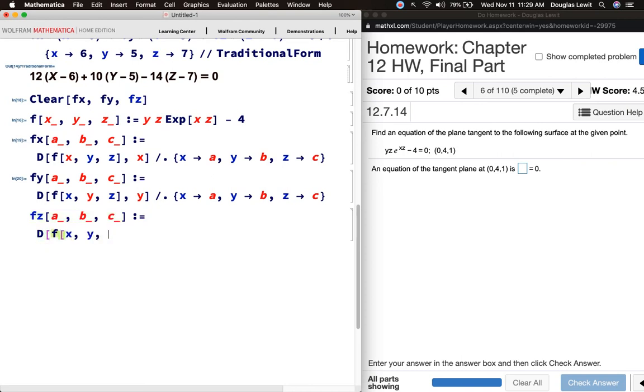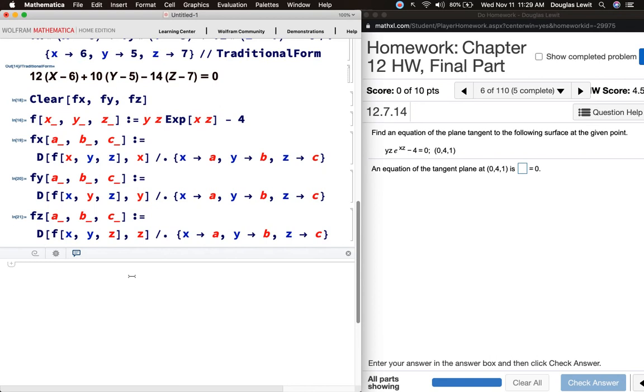I'm differentiating with respect to Z. X is replaced with A. Y is replaced with B. C substitutes for Z. There we go. So I've defined my partial derivatives.